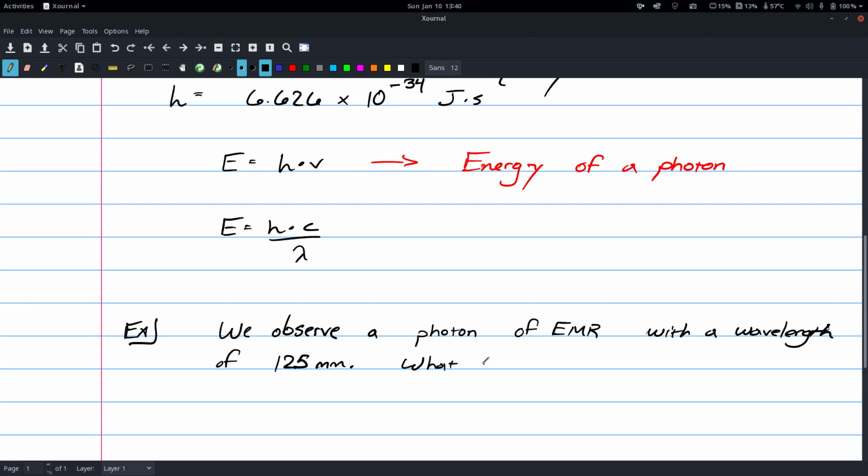What is E? So what is the energy of one photon at that wavelength?